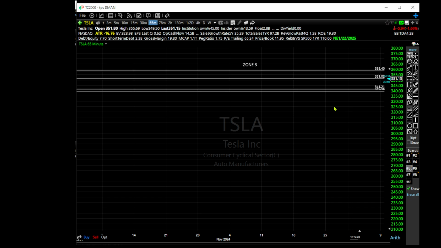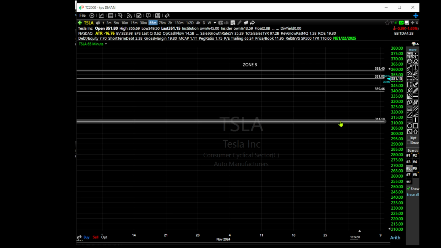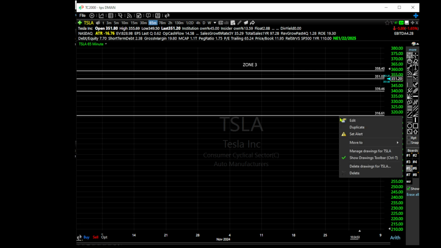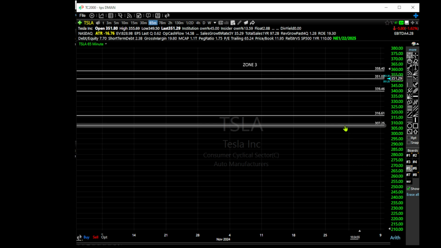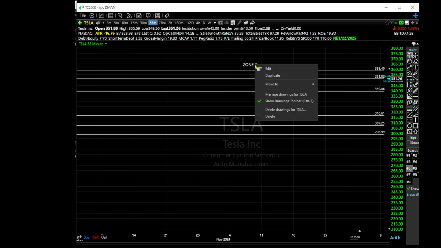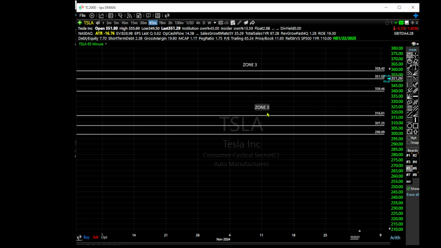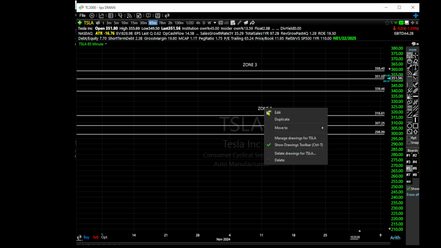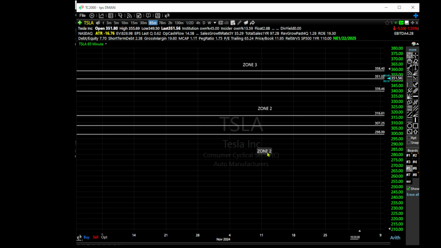And then if we were to have another one down here, this would be zone 2. And then if you have another one below it, this would be zone 1. You call it zone 3, 2, 1, or however, it doesn't matter. Just you've got above, below, and at, right?